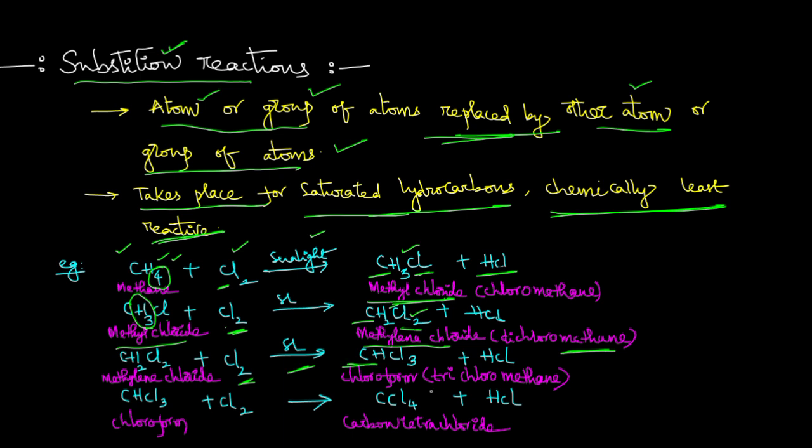In other words, you can also read it as trichloromethane, and HCl will be formed. This chloroform again combines with Cl2 and the substitution reaction takes place, and this H is replaced by one more chlorine, so it will become CCl4 and HCl again. This CCl4 is called carbon tetrachloride.